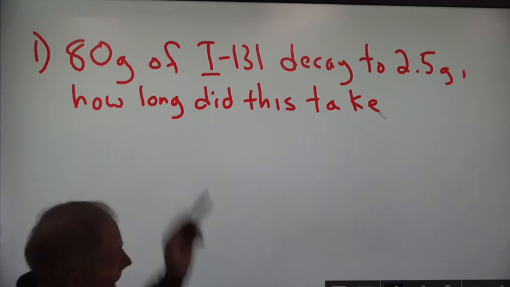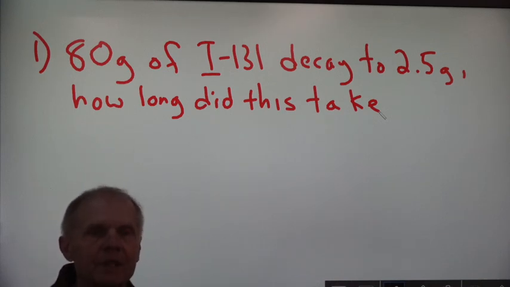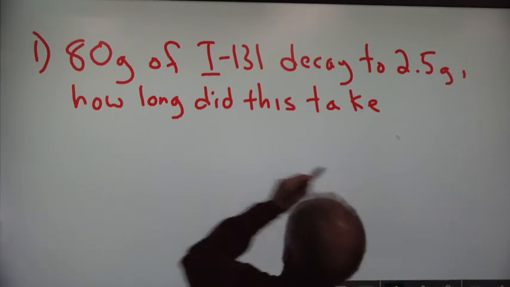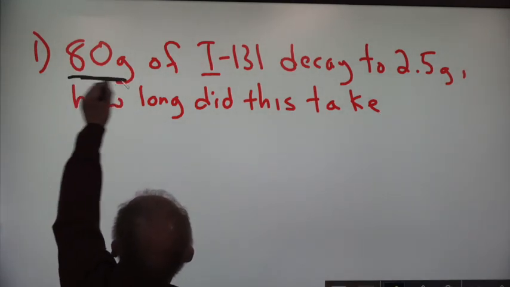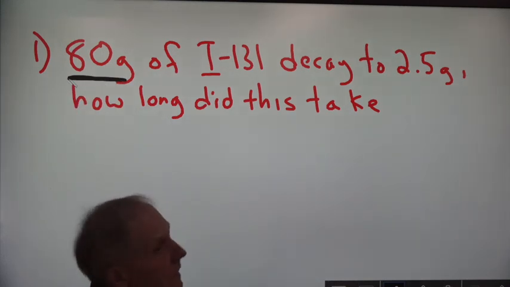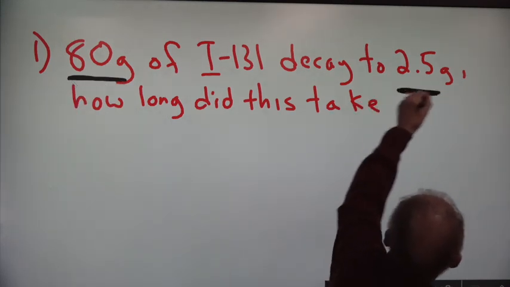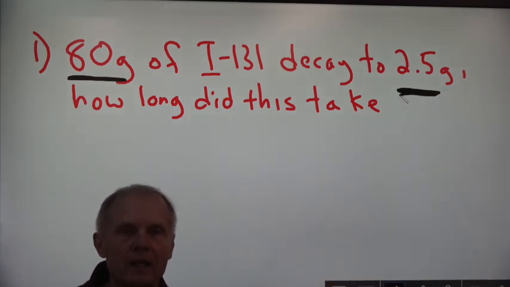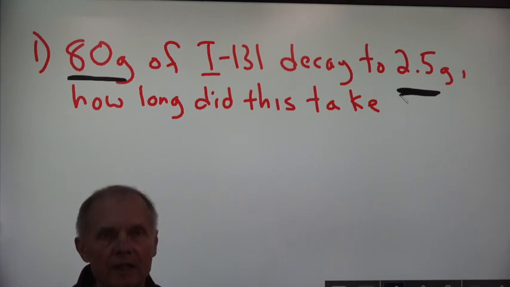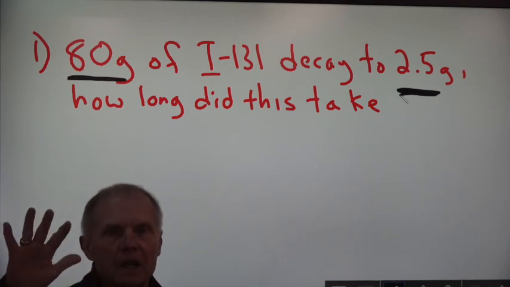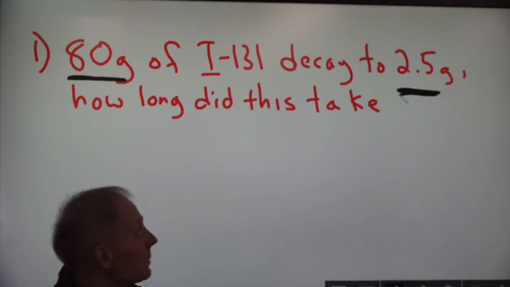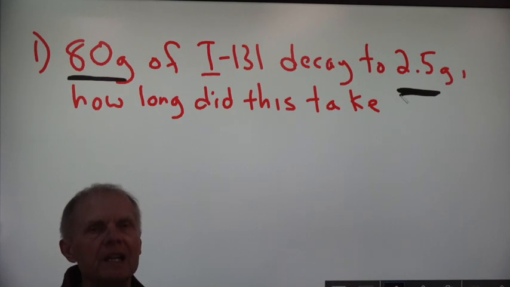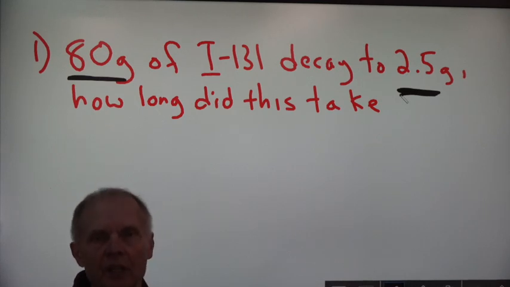Now, how you solve this first question. Here's my method. It starts out with 80 grams. You go to 2.5 grams. So if they start out with grams and they give you the end product in grams, this is the way I tell my students to do it. Use your fingers. And the first thing you always have to find, I don't care what type of half-life problem it is, the first thing you always have to find is how many half-lives did it go through.